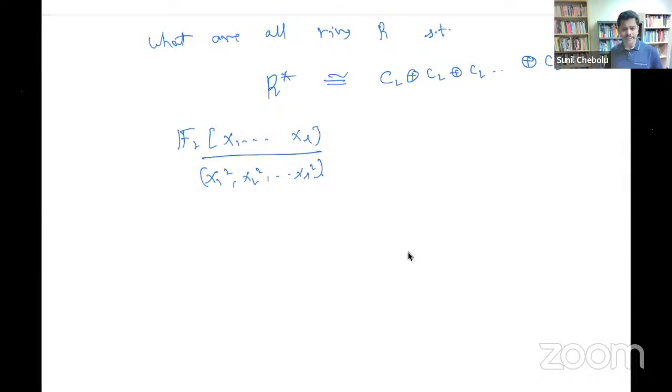You take the truncated polynomial ring in L variables, where you mod out by the relation xi to the power of L for all i running from 1 to L. Now, we had to look at all possible quotients. So the question is, can you classify all quotients of this ring? And I asked some experts: Dave Benson, Jon Carlson, Richard Stanley, and Shrikant Iyengar.